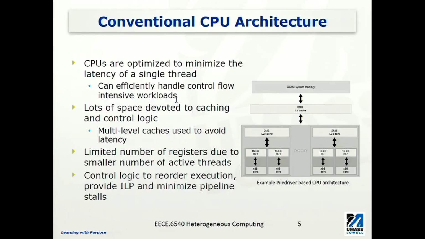And that's why we have to use a lot of transistors or a lot of chip area for caching and for control logic. Caching, as we see later, is a nice way to exploit temporal and spatial locality while you're executing a program.